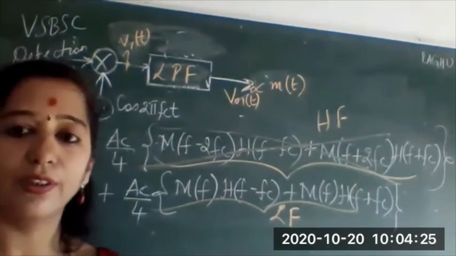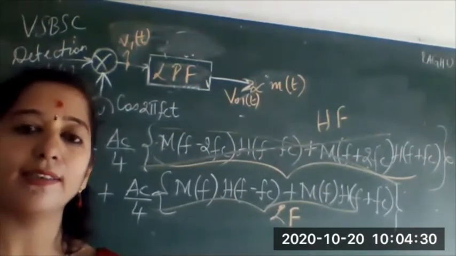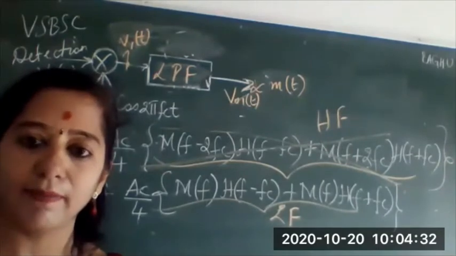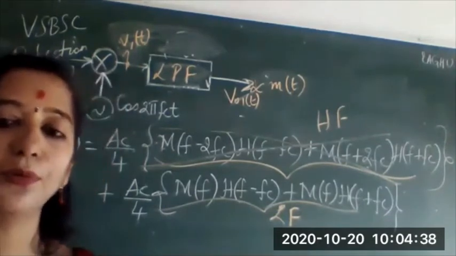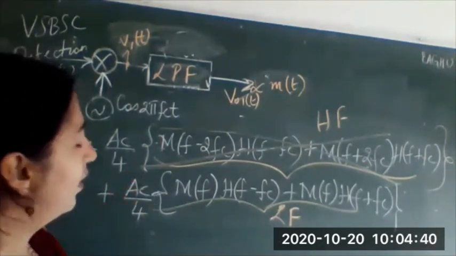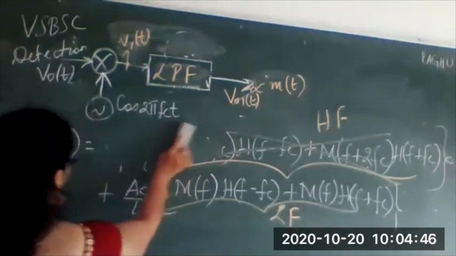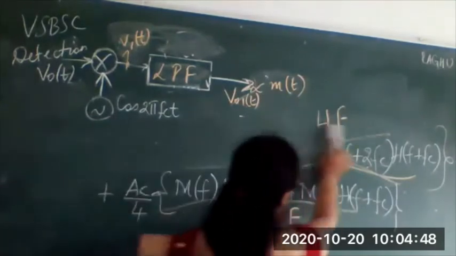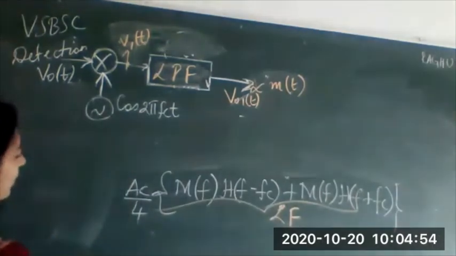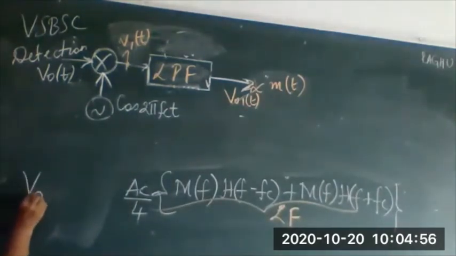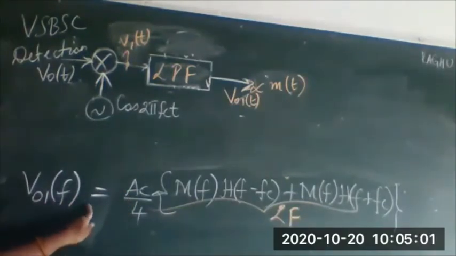When V1 of f or V1 of t is sent through the low pass filter, the output would be V01 of f.